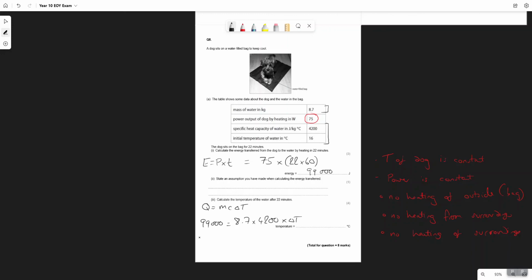So the temperature rise is equal to 99,000 over 8.7 times 4,200, and that comes up as being 2.7 degrees Celsius.